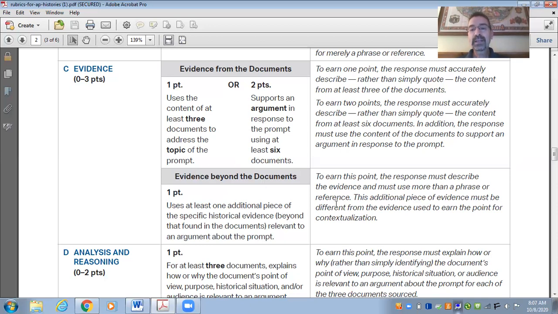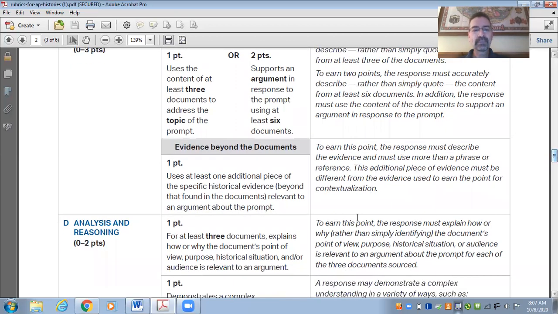And as we'll find out, the evidence that you put here cannot be the same as evidence you put in the contextualization, nor can it be the same as the information you put in your complexity section. And it always has to be more than just a phrase or brief reference. I always tell students it's good if you can make two sentences maybe about this evidence beyond the documents.